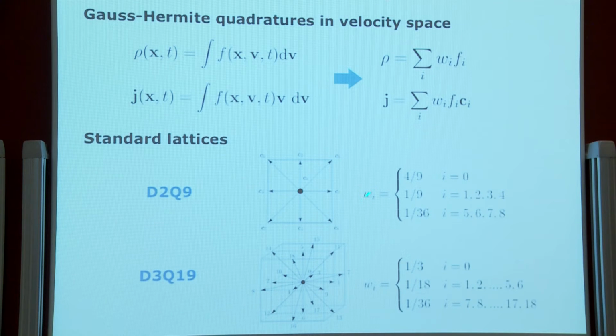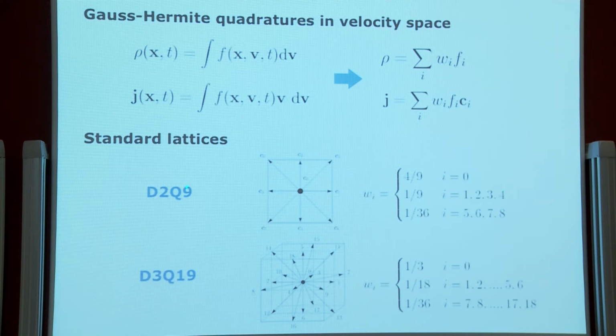And you see that the weights corresponding to these 3 types of velocities are different. So they have different norms, 0, 1, and square root of 2 in terms of lattice units. And they also have different weights that are related to the norms and the number of these vectors.